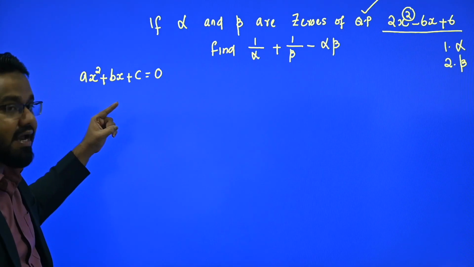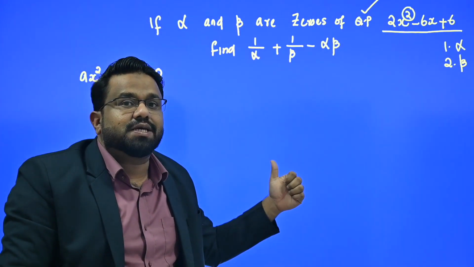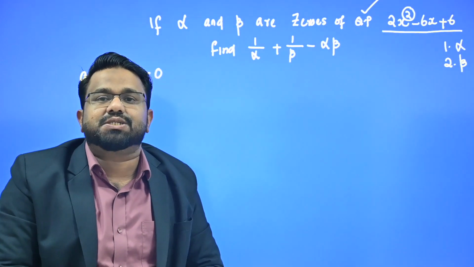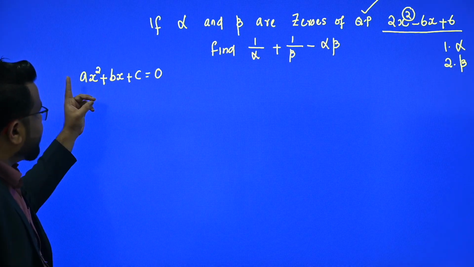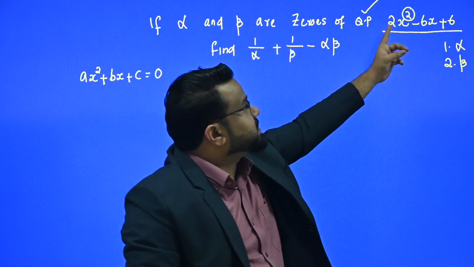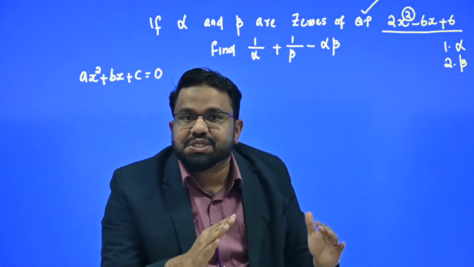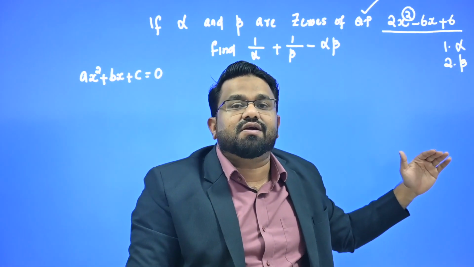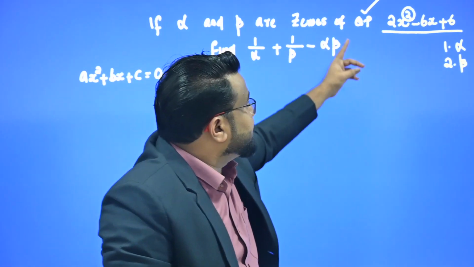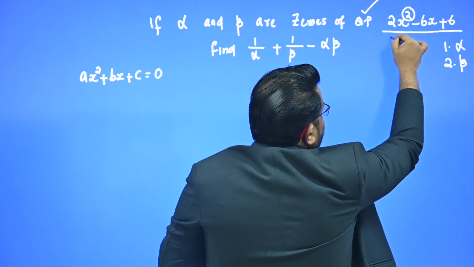Here, a stands for what? Coefficient of x squared. Which value is multiplied with x squared? That we call the coefficient of x squared.